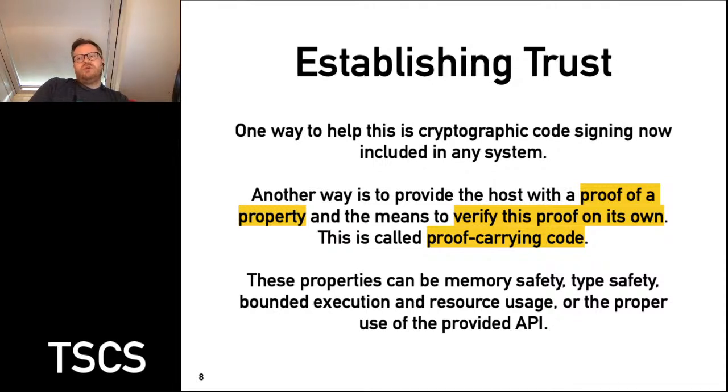So what you do is you provide some form of a mechanized proof, so some output of your prover or your type checker that has been produced before, and some way to verify that this program is actually related to this proof. The idea is that the proof itself is hard to compute, but the verification of the proof is easy to compute.